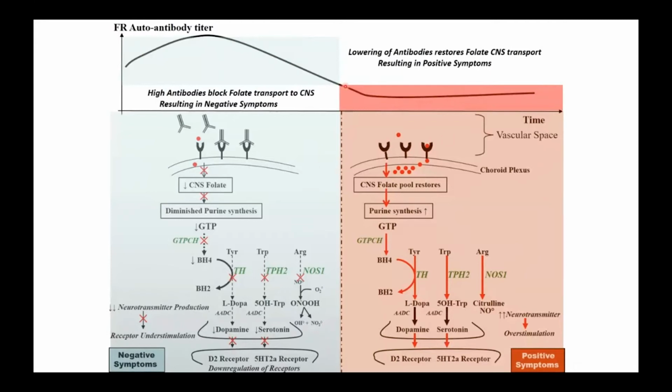The high titers result in low folate in the brain, low production of tetrahydrobiopterin and low neurotransmitter synthesis, while when the antibodies drop, the folate transport resumes and there is a reproduction of dopamine and serotonin, and there might also be overstimulation of earlier downregulated dopamine and serotonin receptors.